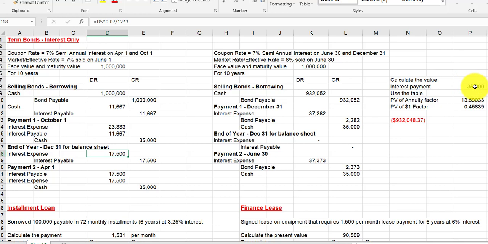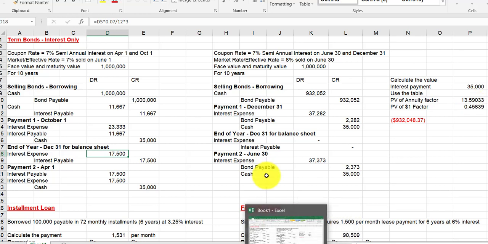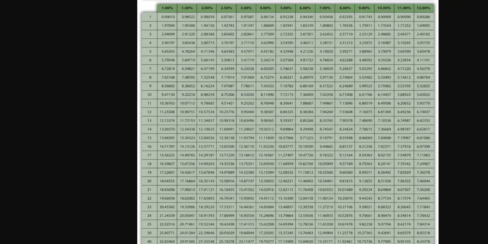To calculate the value of the amount we're going to receive, we need to do two steps with the tables, and then I'll show you how to do it using Excel for the whole thing. So we go to the table. I have those tables here for you to look at.